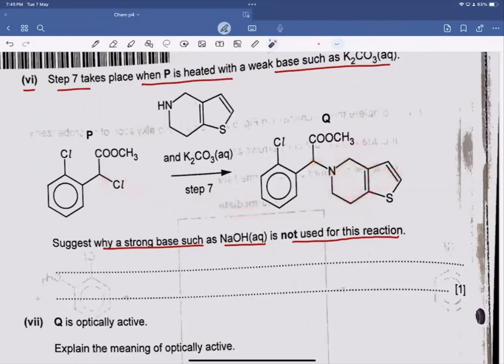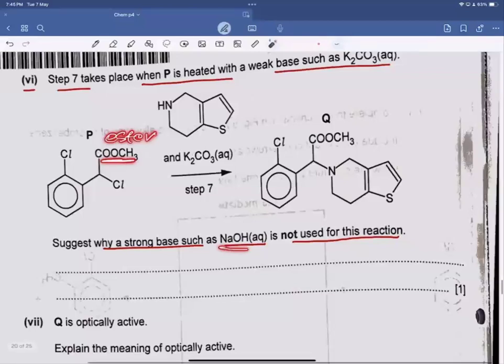So when there is a strong base, that strong base itself acts as a nucleophile, and as a result we are getting an OH over here. And another thing, it's an ester, right?